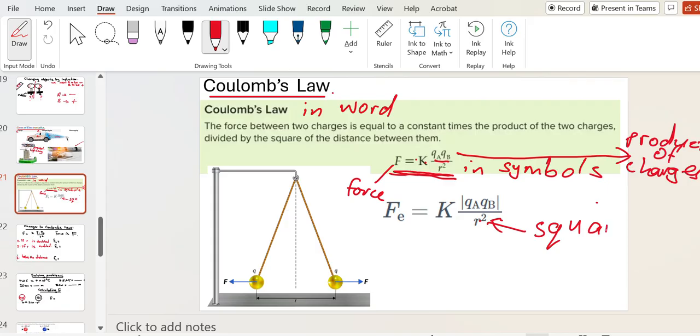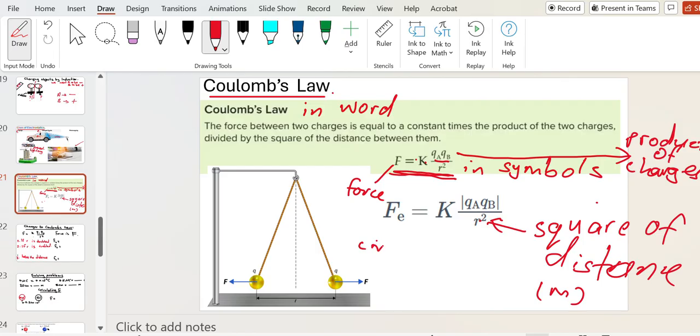Check the spelling, Shabab. Square of what? Distance. It should be in meters. Remember, to change centimeters to meters, we divide by 100. Always. So if they say state Coulomb's law in words, let me assure you, this question will be there.